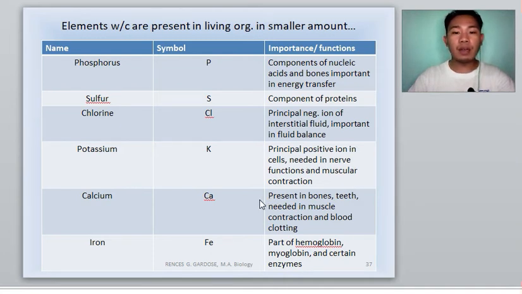Another, we have calcium, which is prominently present in bones and teeth, and needed in muscle contraction and blood clotting. And we have also iron, which is part of our hemoglobin and myoglobin and certain enzymes.